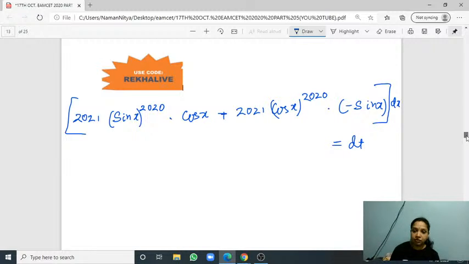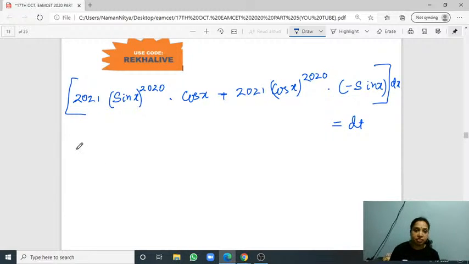Now you just solve this a little more, one more step. You just take common whatever common thing we have: 2021, this number is common, into sin x into cos x. This is also common. So if I am taking this common, what I am getting?